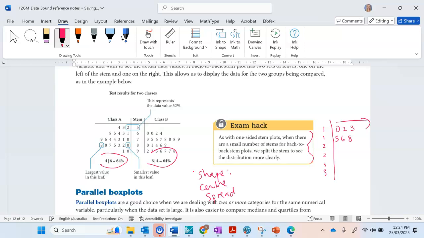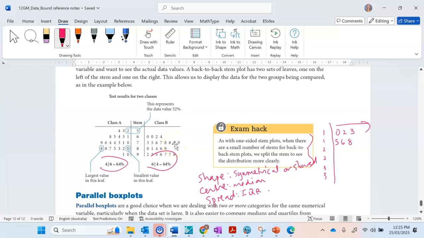So remember, your shape is whether it's symmetrical or skewed and what type of skewed it is. Center is your median, and the spread, we can do the interquartile range. So for back-to-back stem and leaf plots, you can just compare class A to class B.